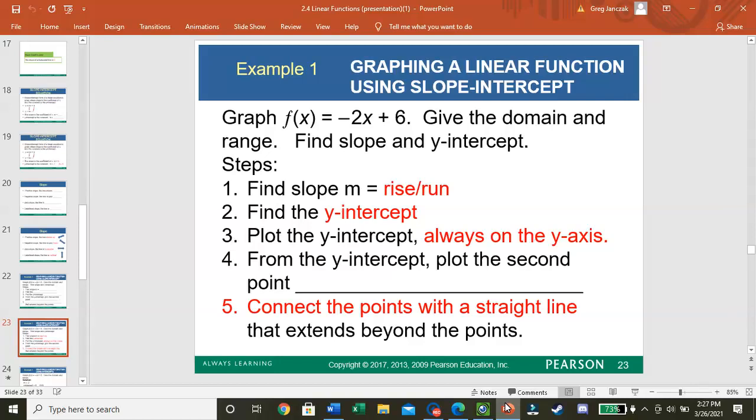What's the y-intercept here? The 6, right? Plot the y-intercept, and it's always on the y-axis. Always, always, always on the y-axis. Common error, students, they put it on the wrong axis.